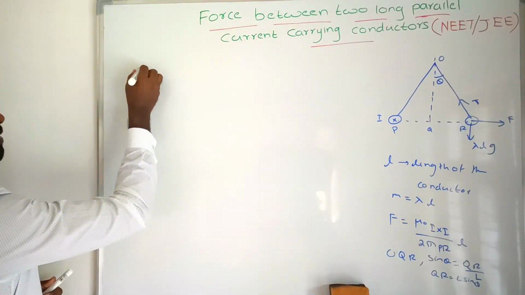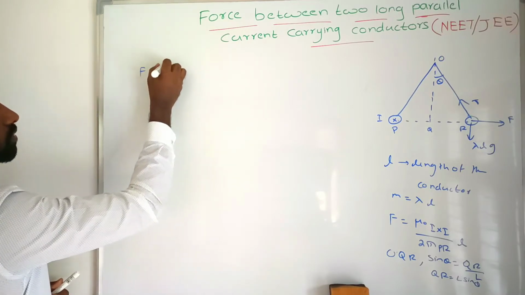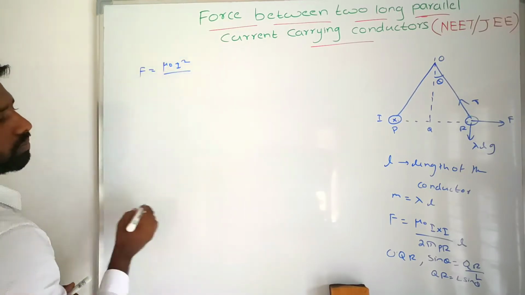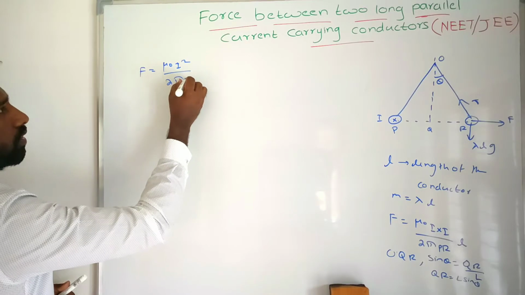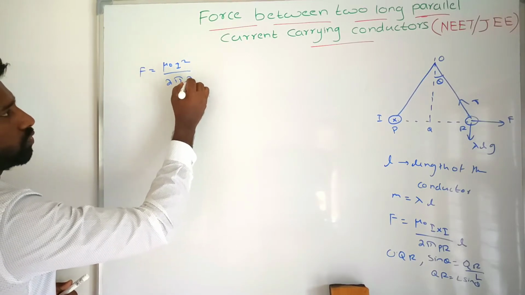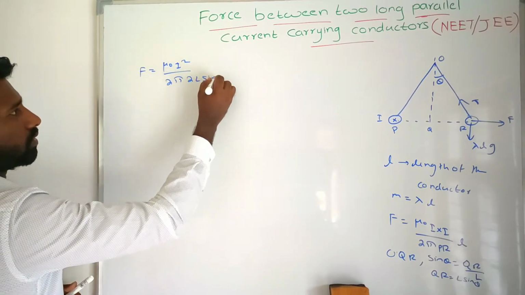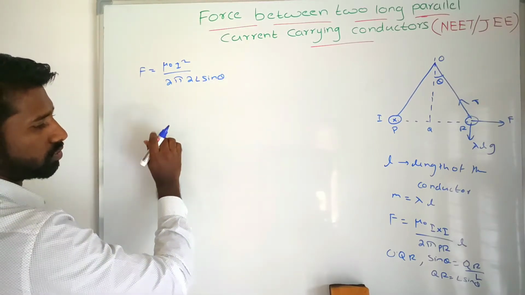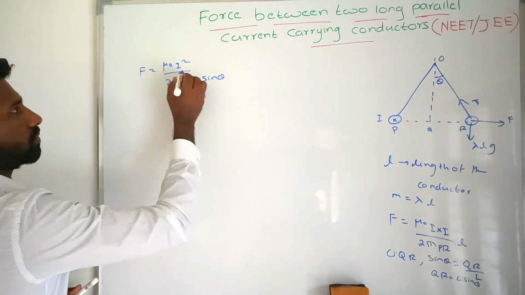Now we can write F is equal to how much you will get? That is mu 0 I square divided by 2 pi into 2L sine theta. Okay, it is correct.